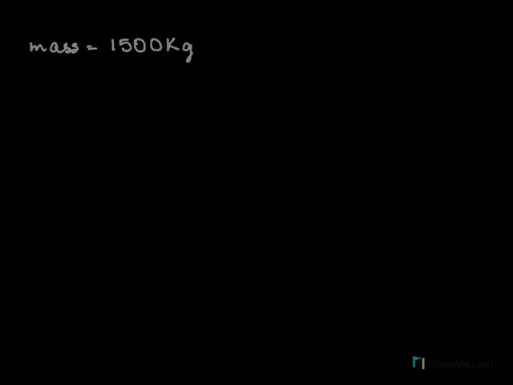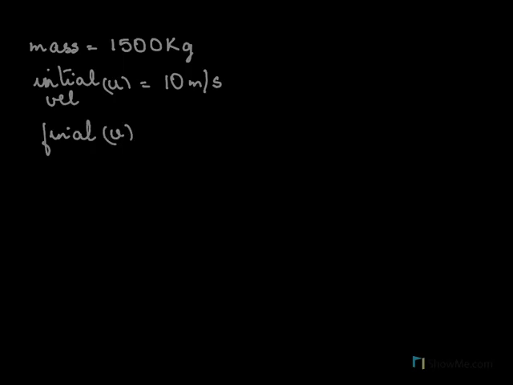So again, we have mass, which was 1500 kg. We have initial velocity, which we call u, and that was 10 meter per second. Final velocity, we call v, that was 20 meter per second.